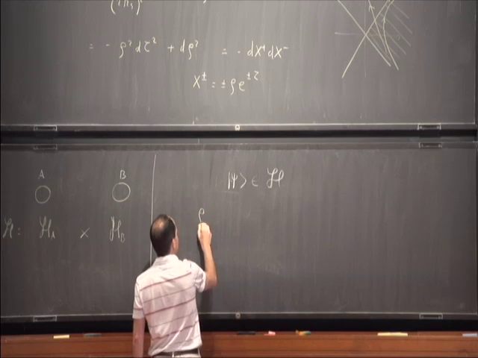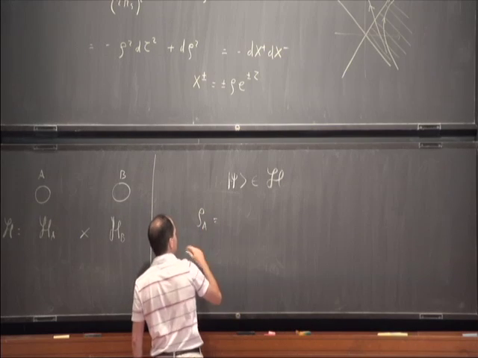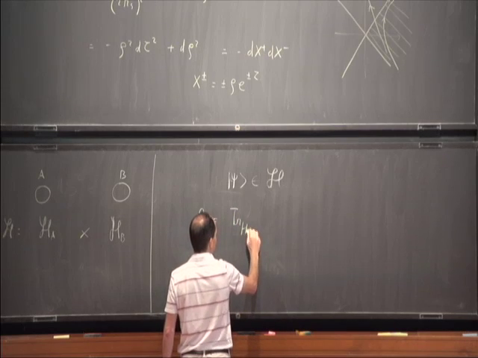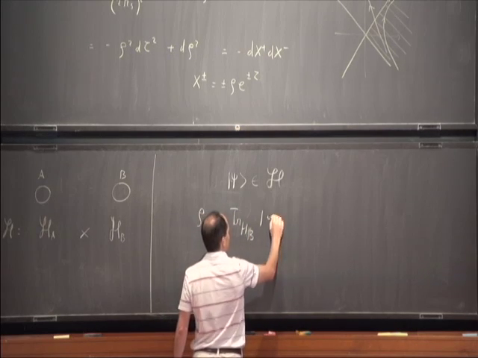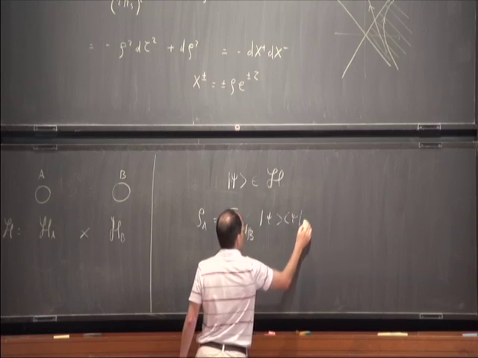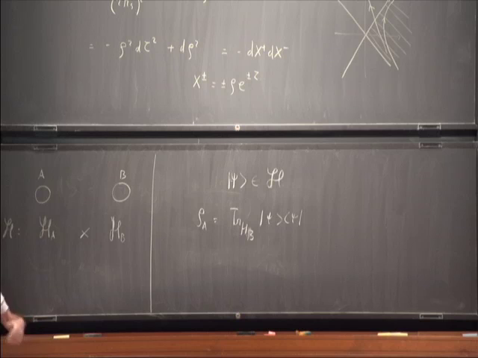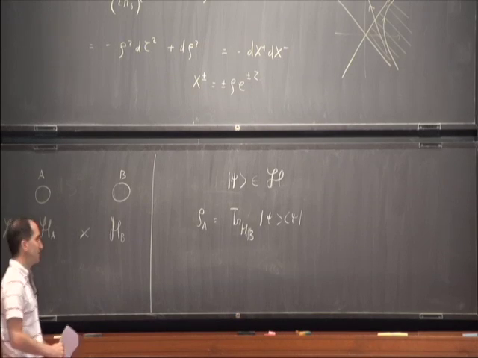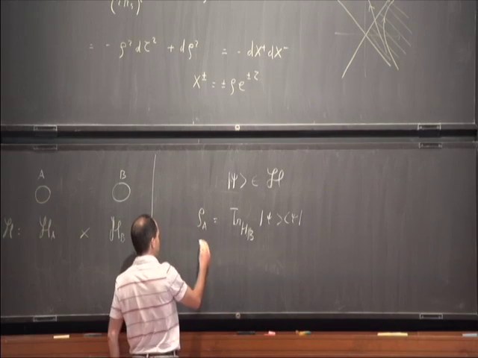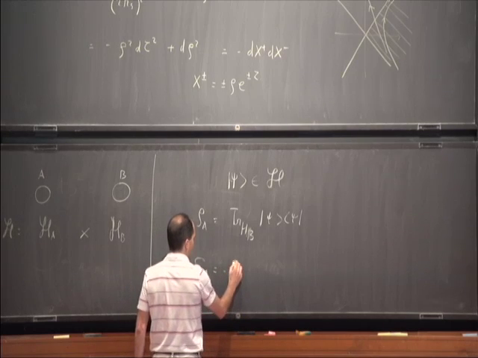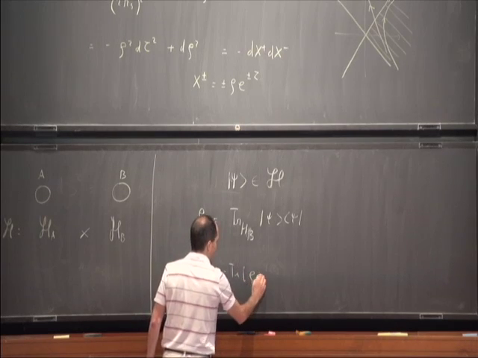And we can define a density matrix for system A, which consists of tracing over the Hilbert space of B. So this is simply saying I forget about B and I look only at A, and I get some density matrix. It's not a pure state, it's a mixed state now, and we can compute the entanglement entropy for rho A.